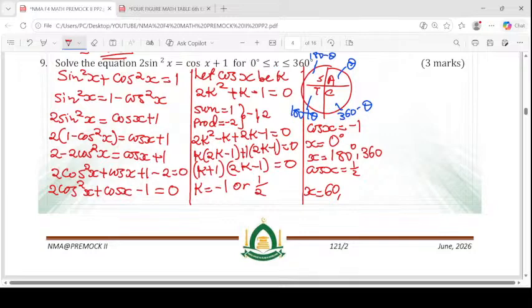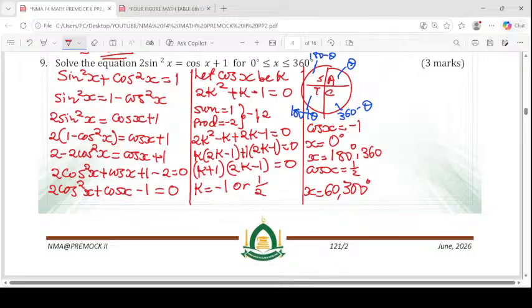In the next value, whereby cos X is a half, then X is 60 degrees. Where is cos positive? Cos is positive in the first quadrant, theta, and in the fourth quadrant, 360 minus theta. So when you take 360 minus 60, you get exactly 300 degrees.